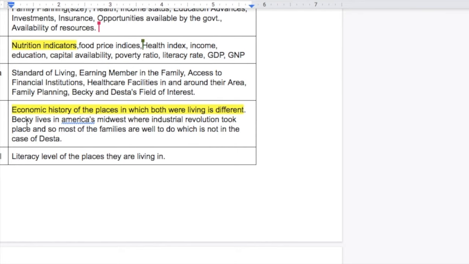You cannot really introduce a policy, or a way to fix such differences. So that's actually a very interesting point that has been mentioned by Japji here. That the economic history of places is very different, and at least I can't really think of a way which can probably change that.